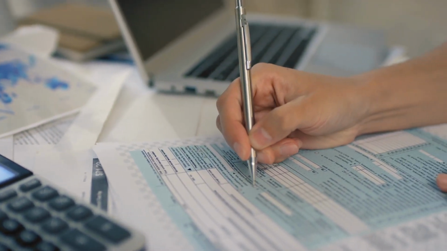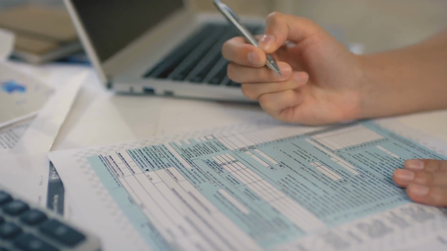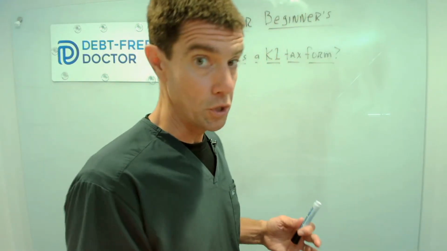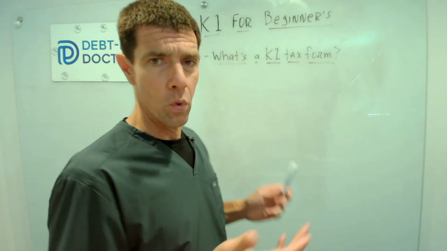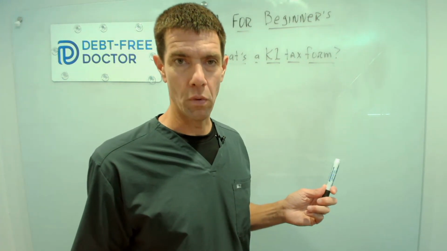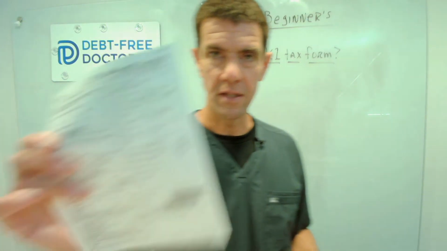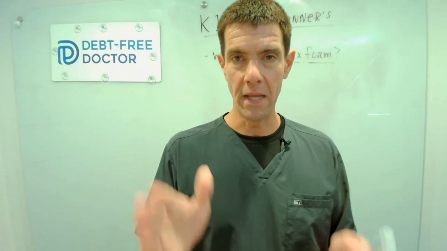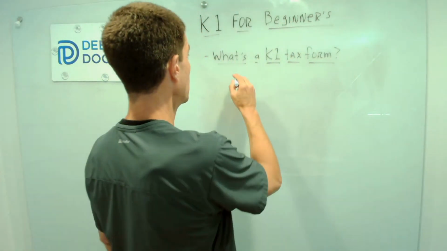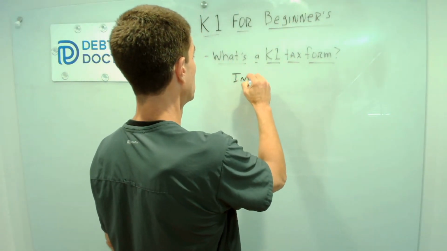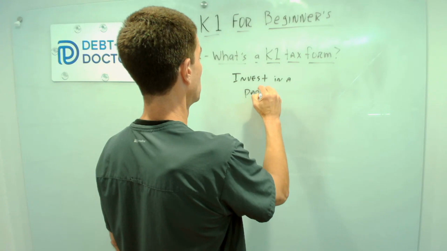Let's get going. Let's first answer the question probably going through your mind when you get this: what in the world is a K-1 tax form? This tax form is what you get when you invest in a partnership.